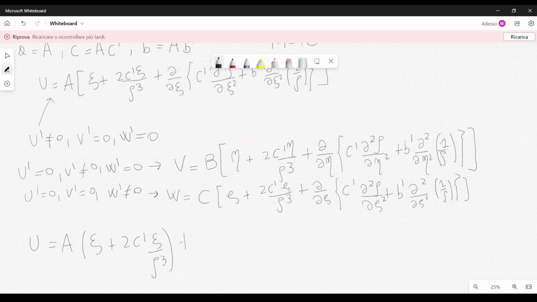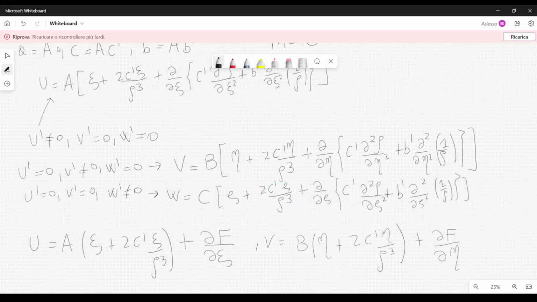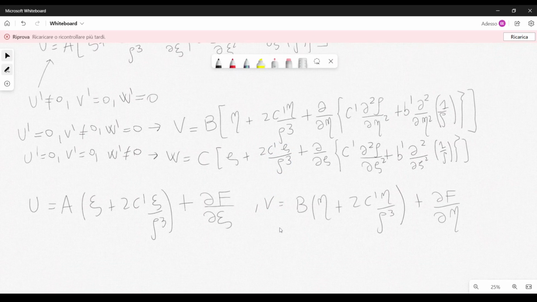We'll write the expression for u like this: derivative of a function f that I will define in a moment with respect to xi. Then we have the velocity v equal to b times eta plus 2c prime eta over rho cubed plus the derivative of the same function f with respect to eta, and then we are left with w.